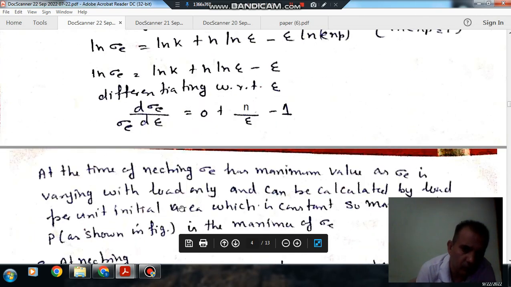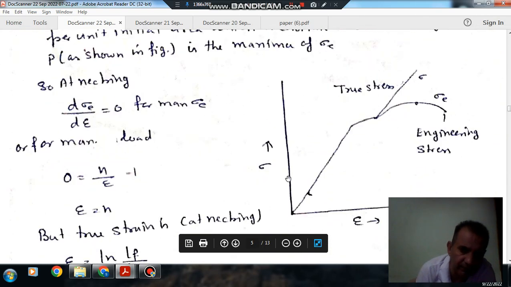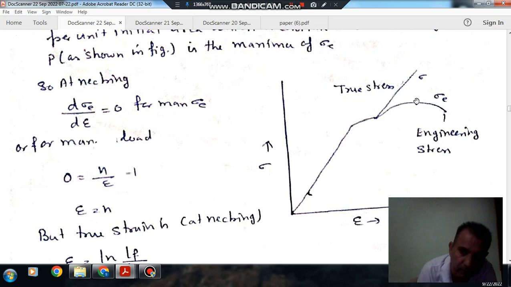If we analyze the graph between stress and strain, this is the true stress-true strain graph, and the engineering stress-strain graph differs like this. This is the point of necking, or maximum load point.